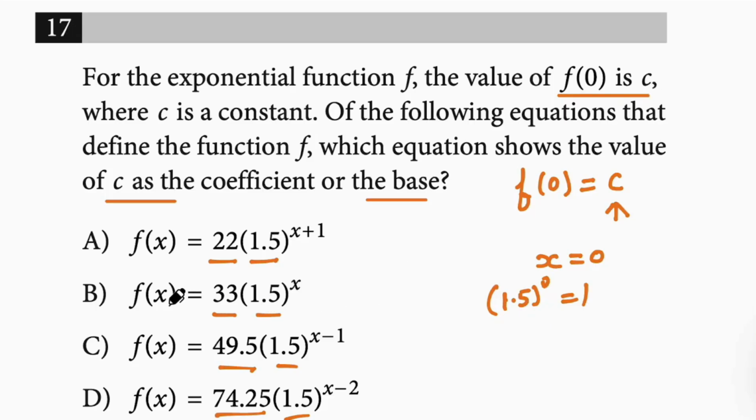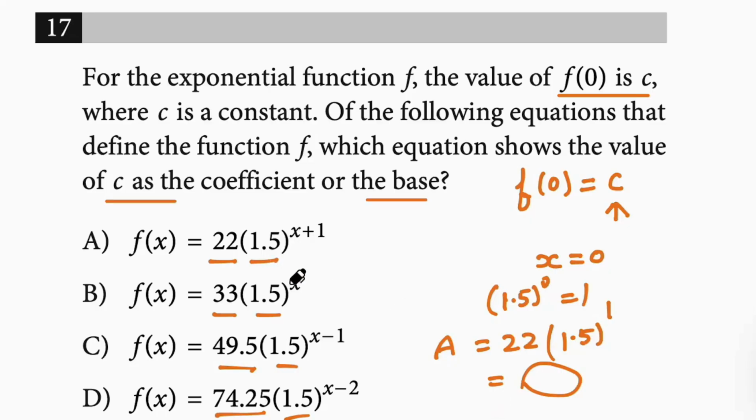So you have to replace x with 0 and check which of the options gives you a constant or the coefficient. In the first option, that will be 22 and 1.5 raised to power 1, and their product will be our answer.